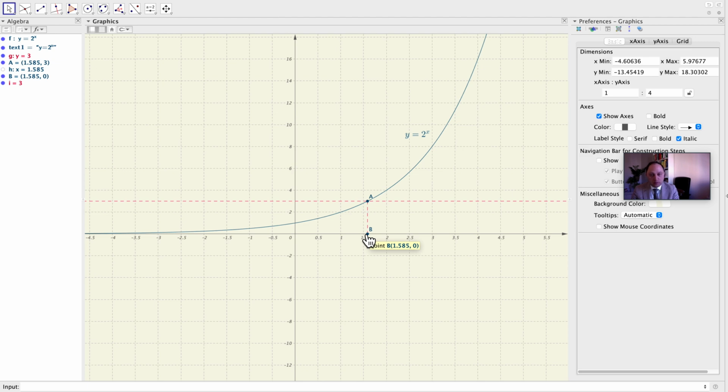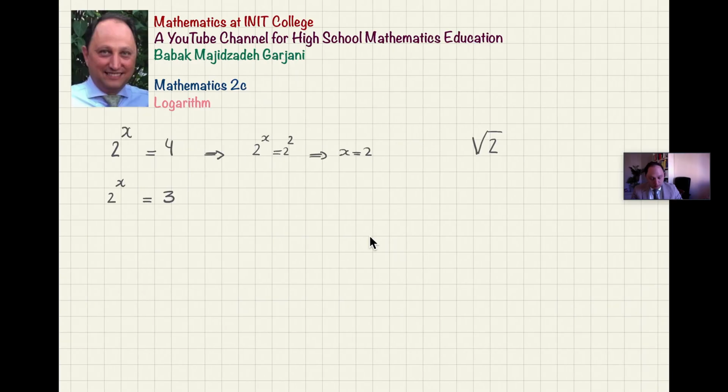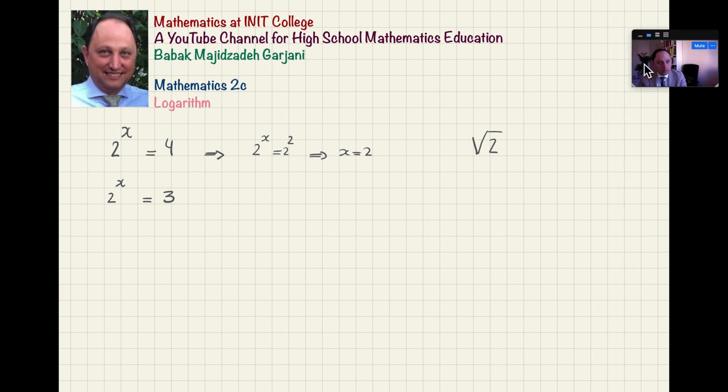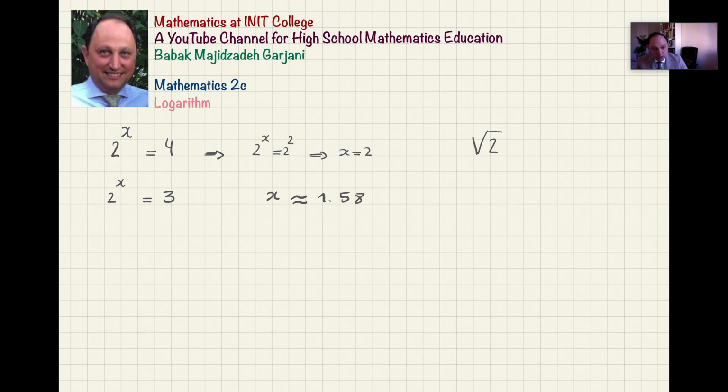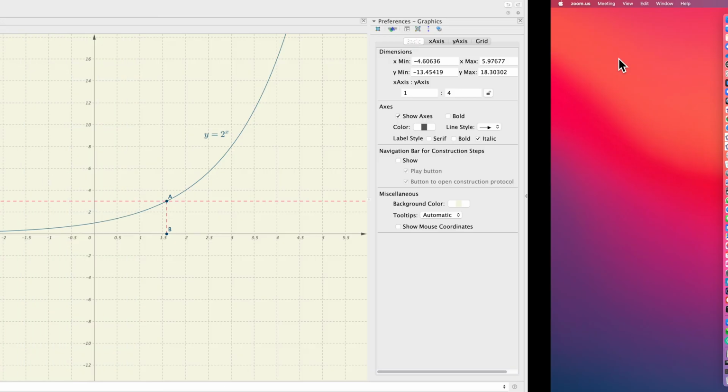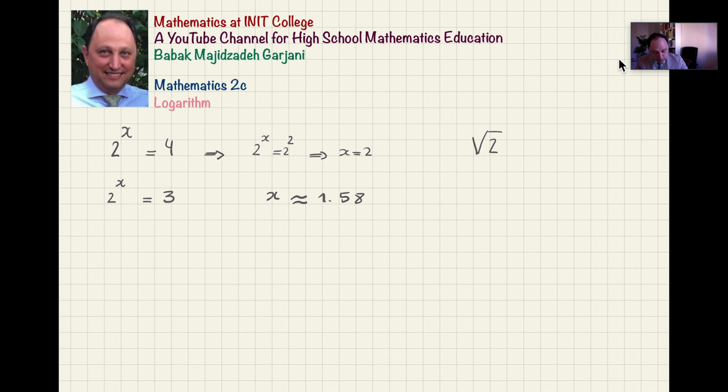Now if I go back to this screen, what we learned from GeoGebra is that this number is approximately 1 point something, 585, something like this. But this is still an approximation.